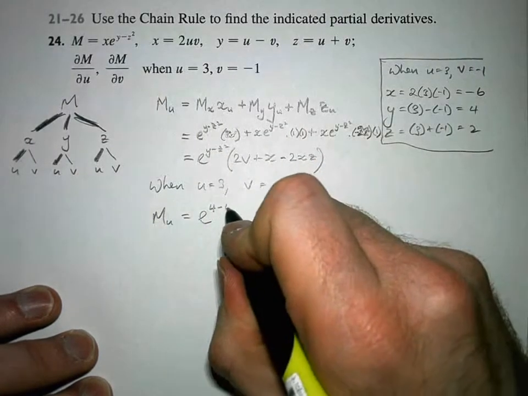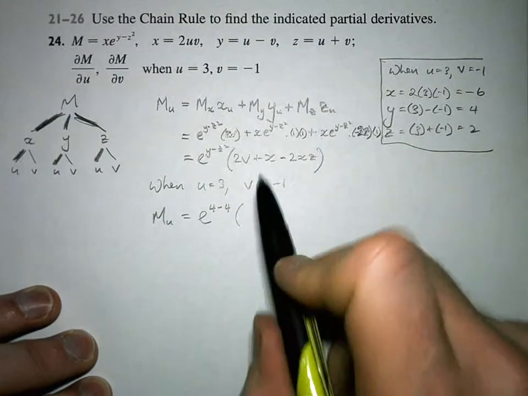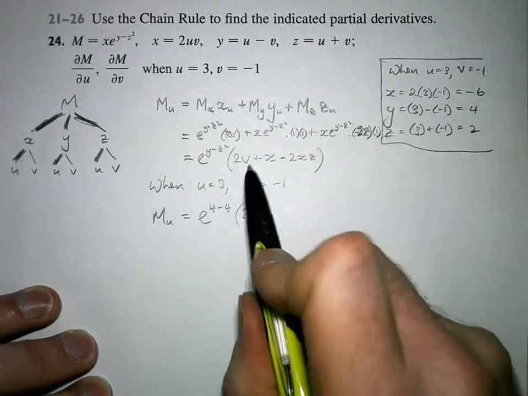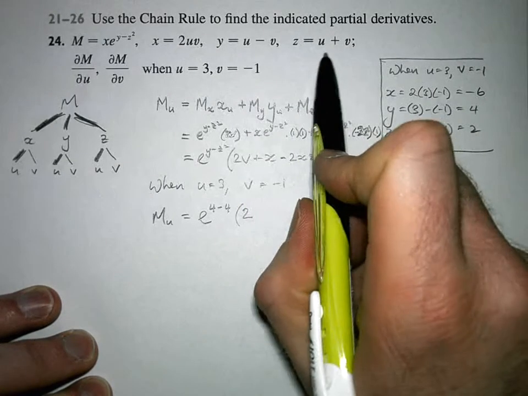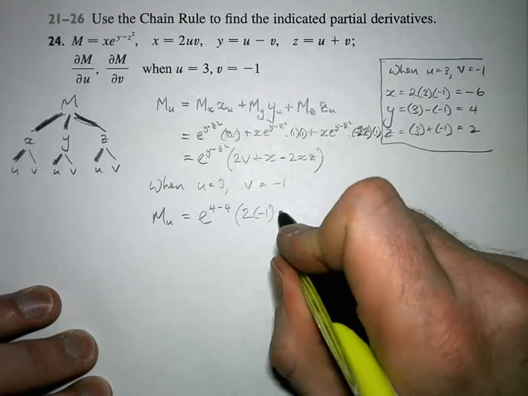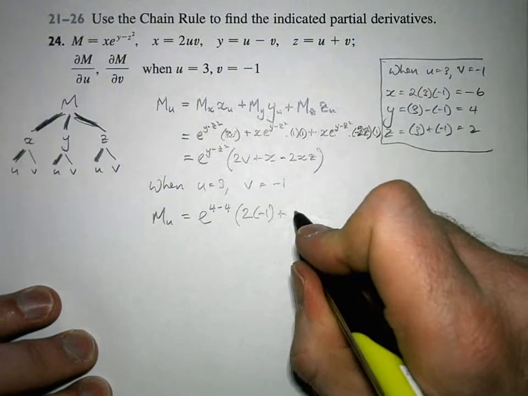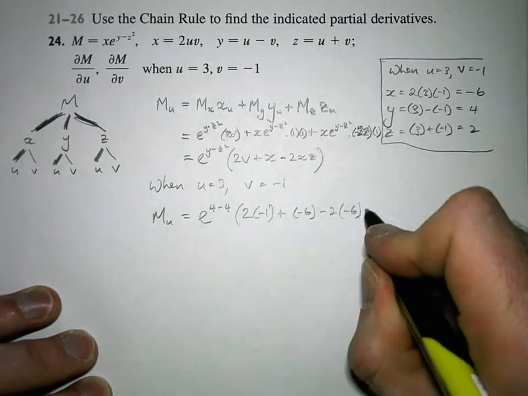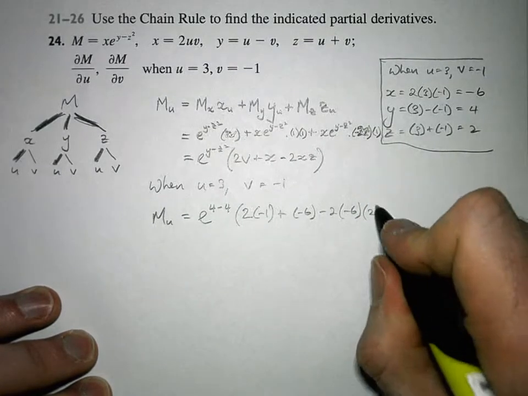Z is 2, so 4 minus 4. That's quite nice, e to the power of 0. Multiplied into 2 times v. Well, v is minus 1. Plus x, which we worked out to be minus 6. Minus 2 times x, again is minus 6, times z, we worked out to be 2.